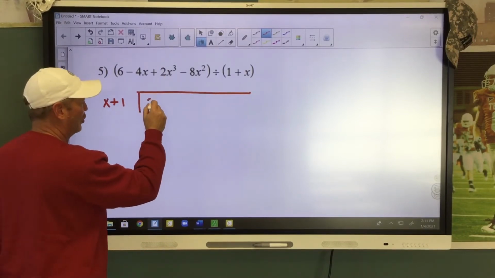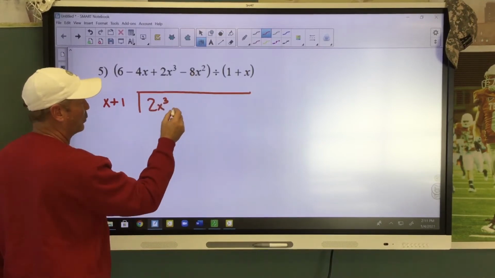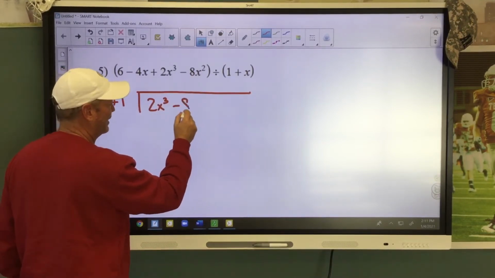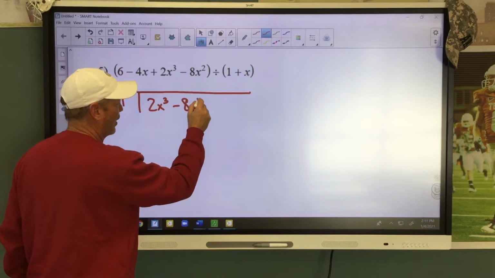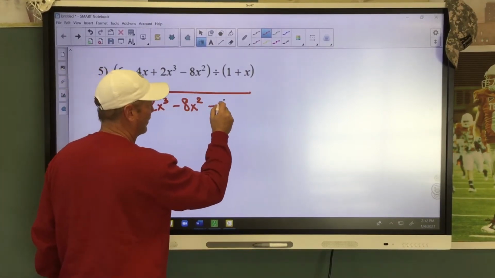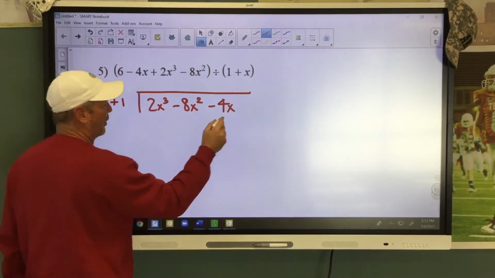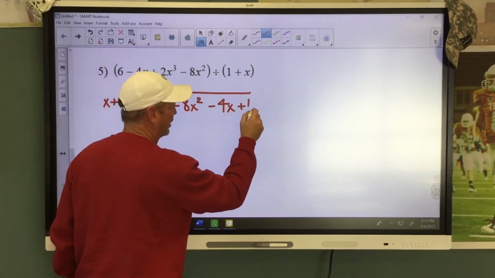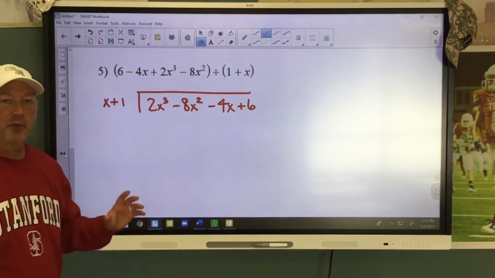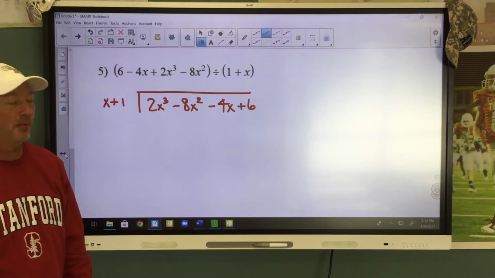So we're going to say 2x to the third. Here's the next one, minus 8x squared. Our next one is minus 4x plus 6. That's a positive 6. Everybody okay how we rearranged it? All right, now we're in good shape. We can start the problem.